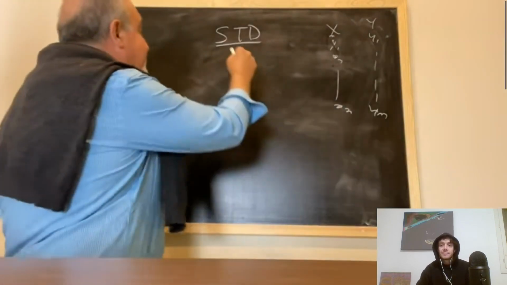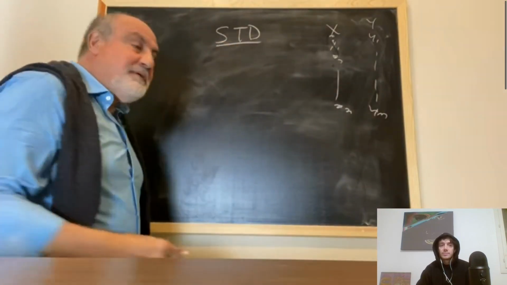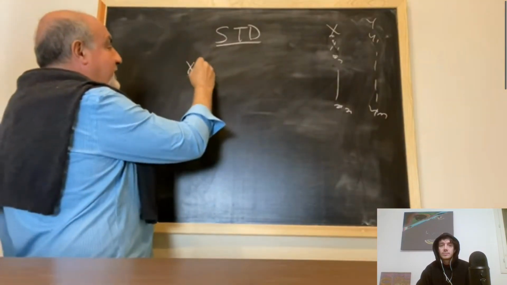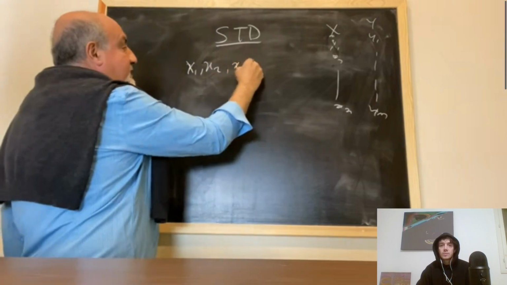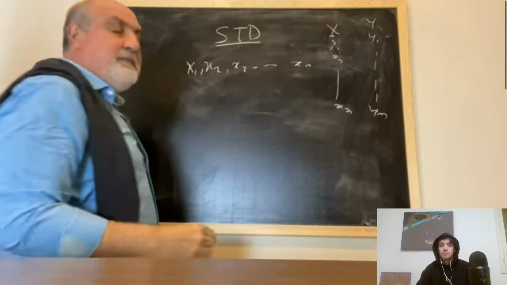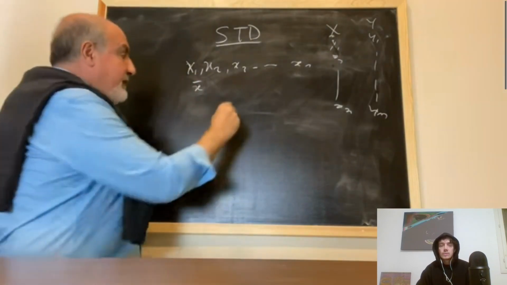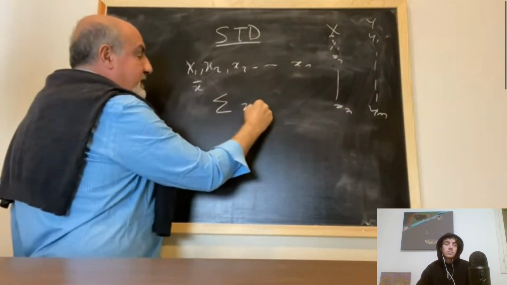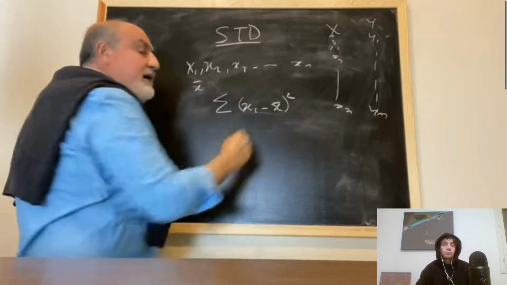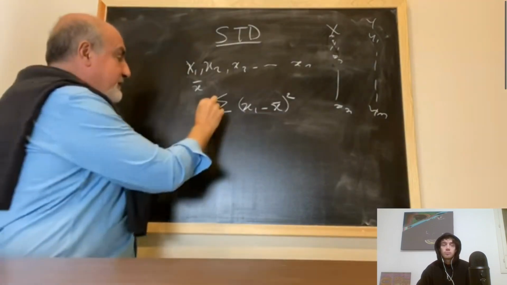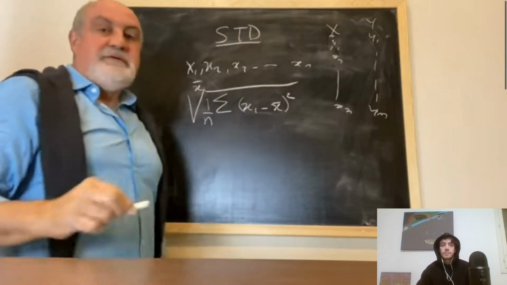So standard deviation is not how much something moves on average. Standard deviation: I take x1, x2, x3, xn, okay? I take the average, x bar, and then I take the sum of xi minus x bar, squared. That's what's critical. Times 1 over n, and I take the square root.